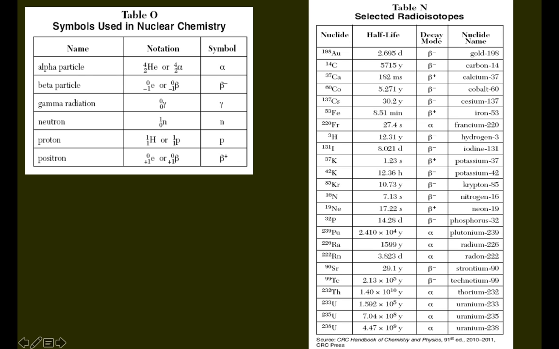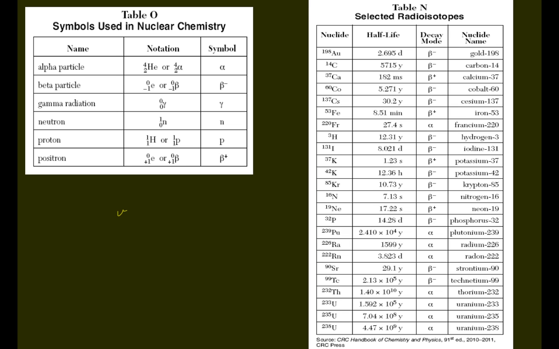So just the last thing I want to mention here is looking at the reference table. If you were taking the Regents, you would have this as part of your reference table. This is Table O, and Table O actually gives you this information. You're probably thinking, wow, we just went through everything and I'm going to be given this.